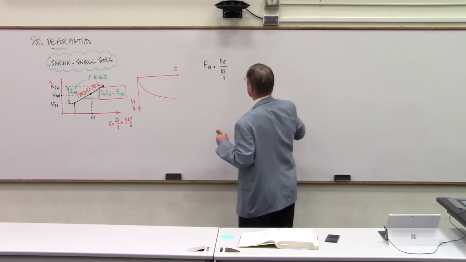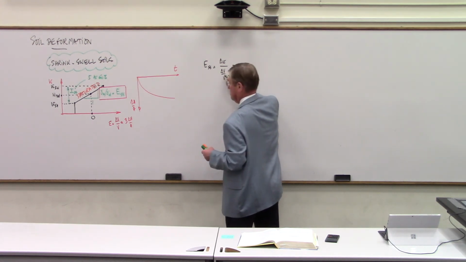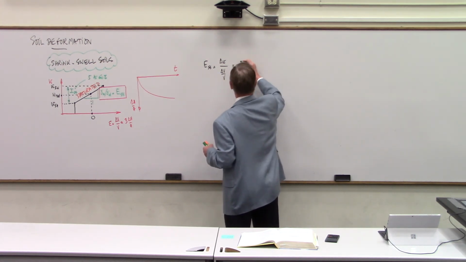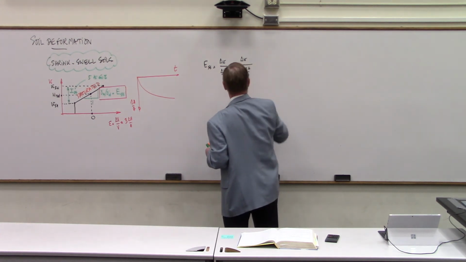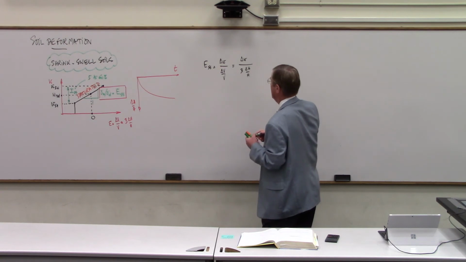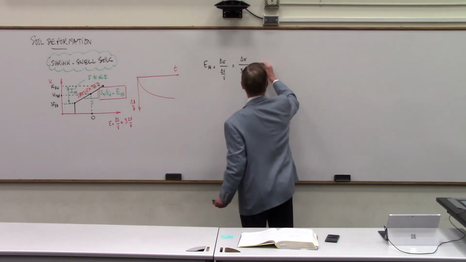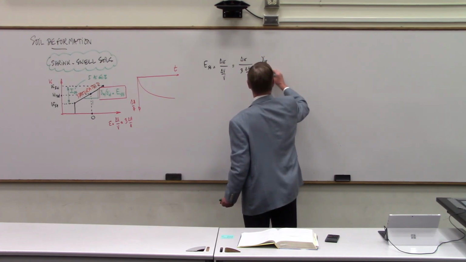So if I do this, I just wrote here that this is 3 times delta W, and here I have 3 times delta H over H. And then I also wrote that E sub S was gamma W over gamma D. Okay.